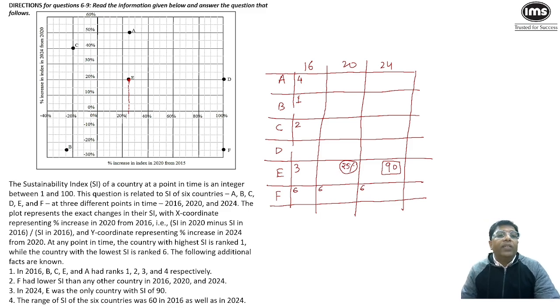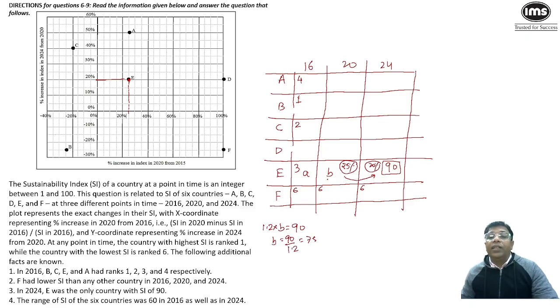And look at the y-axis value, which indicates 20%. So if I take this to be A and B, then obviously 1.2 multiplied by B is 90, because from here the change has been 20%. So B will become 90 upon 1.2, that is 75.